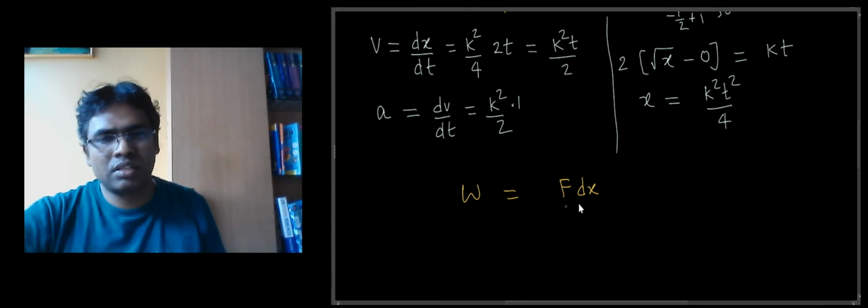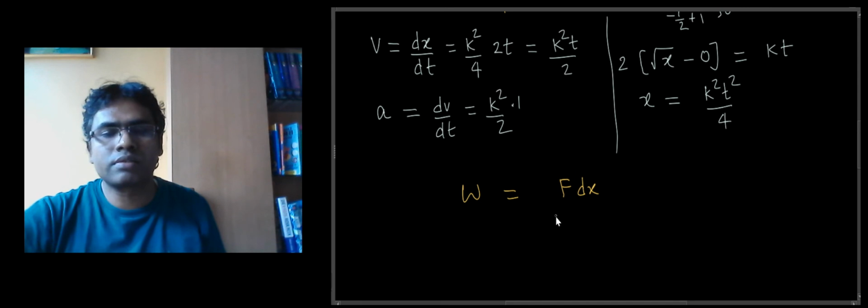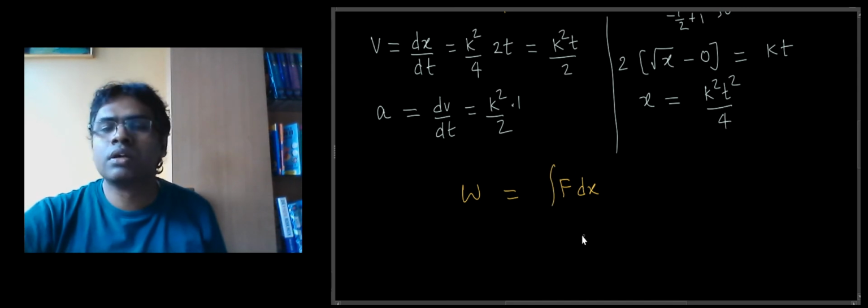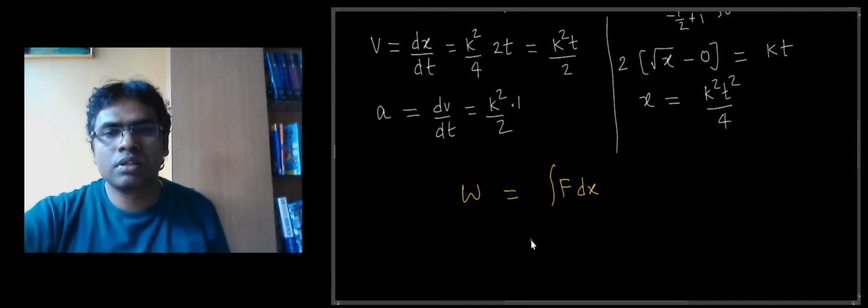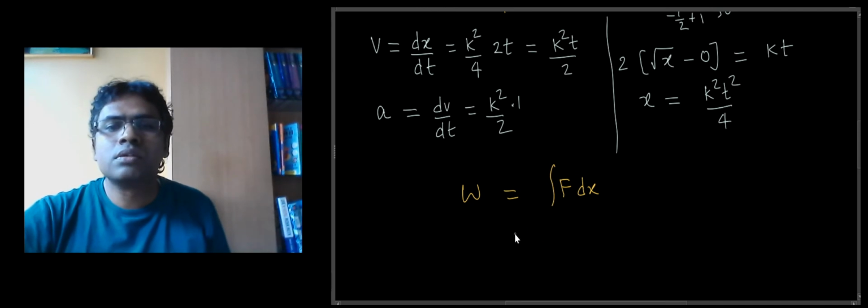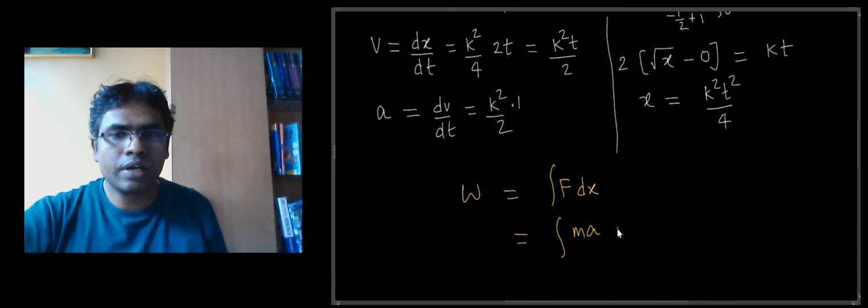Because we have assumed that the locomotive is moving along a straight path, we don't have to worry about the dot product. So here we are going to integrate from the 0th position to some position that the locomotive attains. The force is simply mass into acceleration, multiplied by dx.